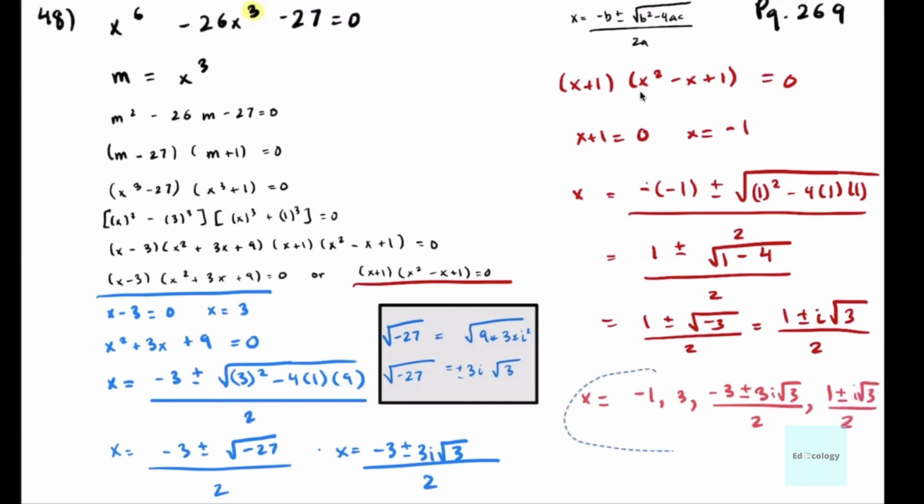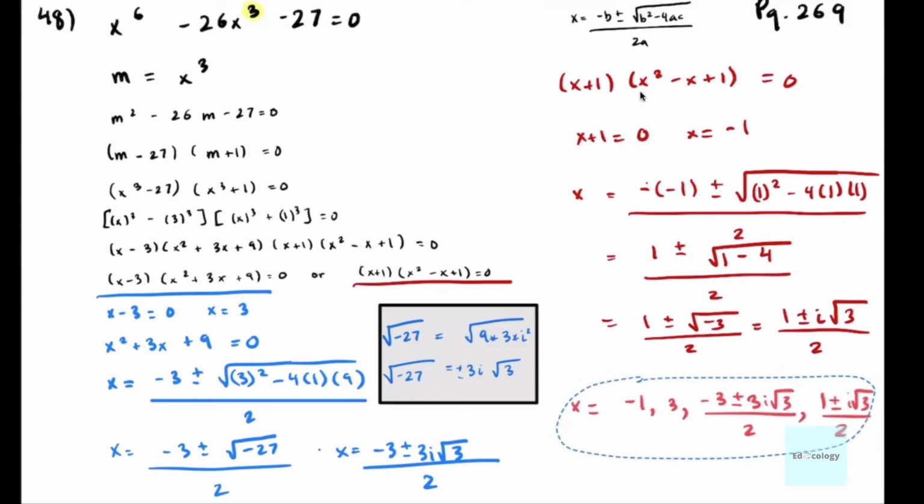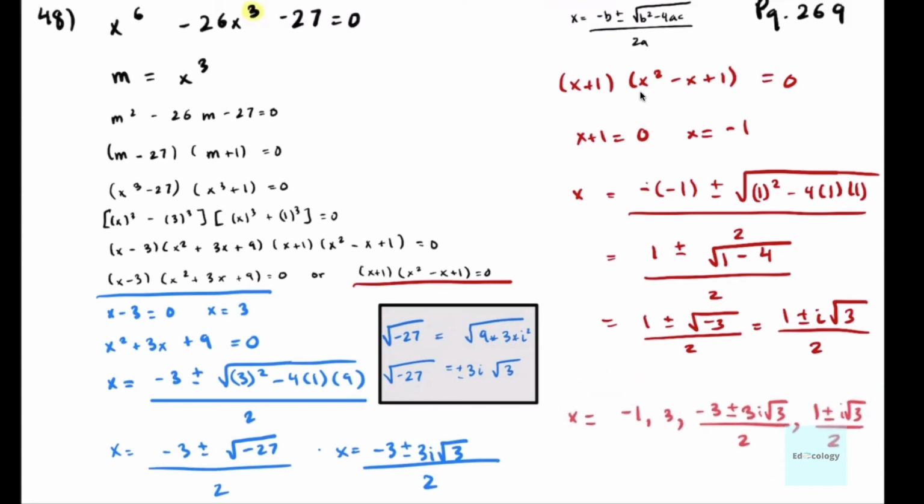Now see how many solutions we have? We have 6 solutions, which proves the point that I shared with you about the fact that we always should have the same number of solutions as the highest degree of the polynomial. And this will be how we solve these types of problems.